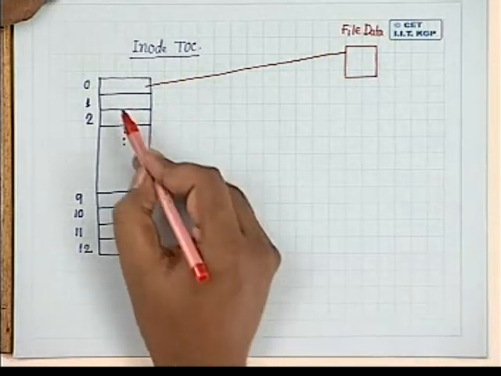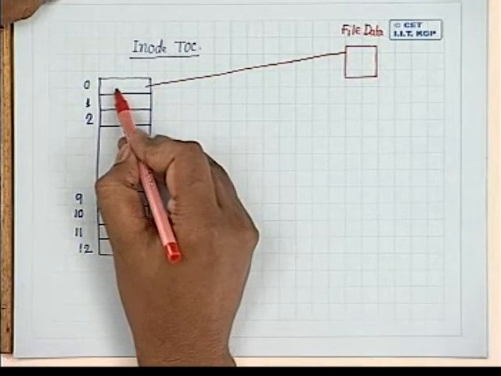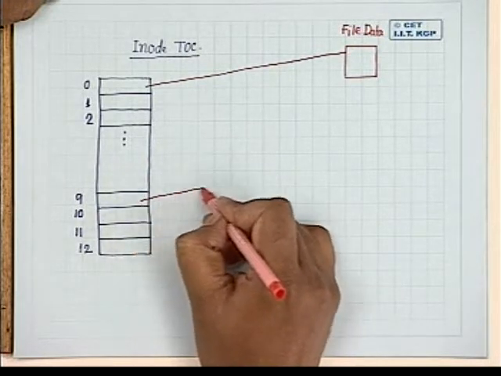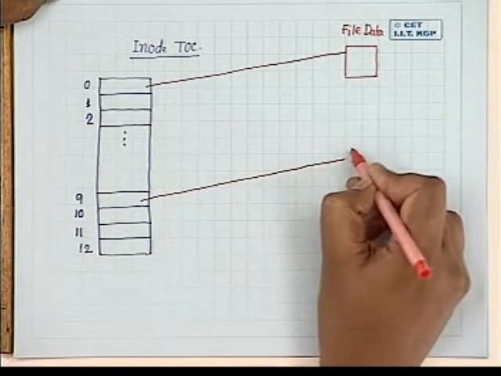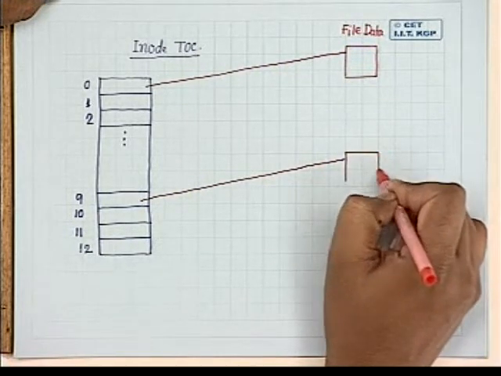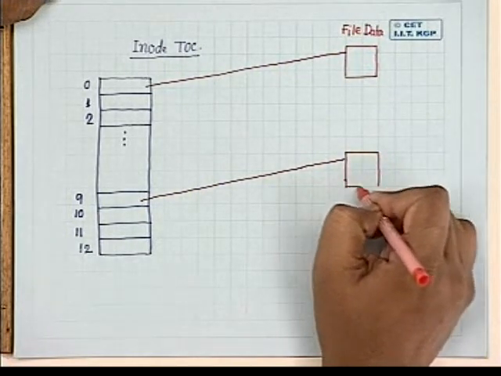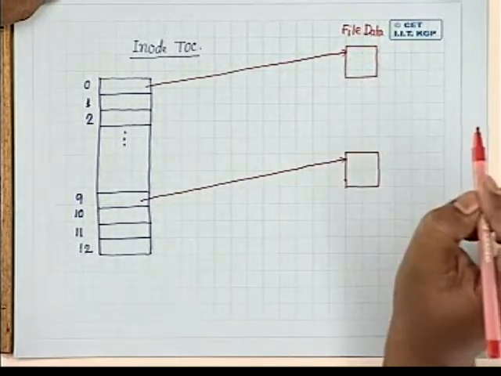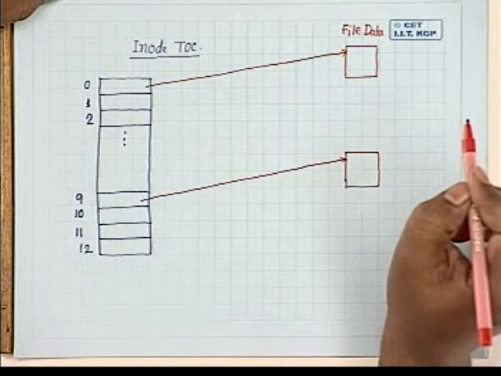Okay. So all these entries from 0 through 9, they all contain the addresses of the blocks which contain file data. That is why they are called direct pointers.